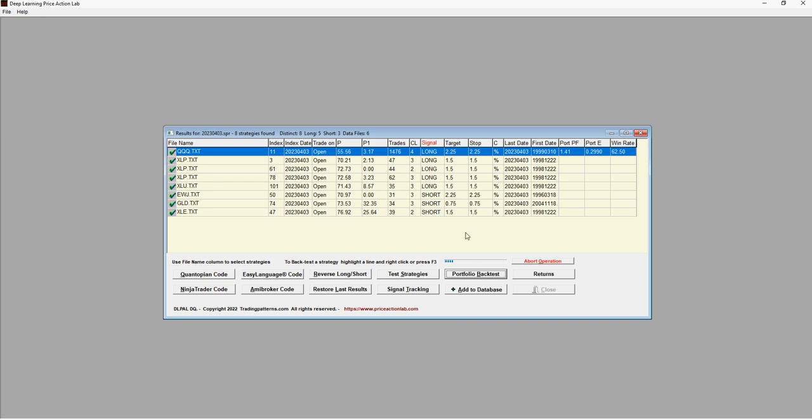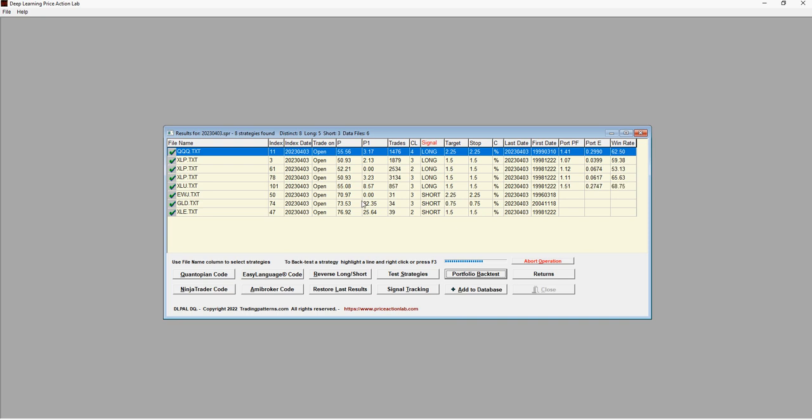You see here for the Diamonds, the profit factor of the portfolio is 1.4. The expectation of the portfolio is 0.2990, and the win rate, that means the percentage of ETFs that generated a positive result, is 62.50.